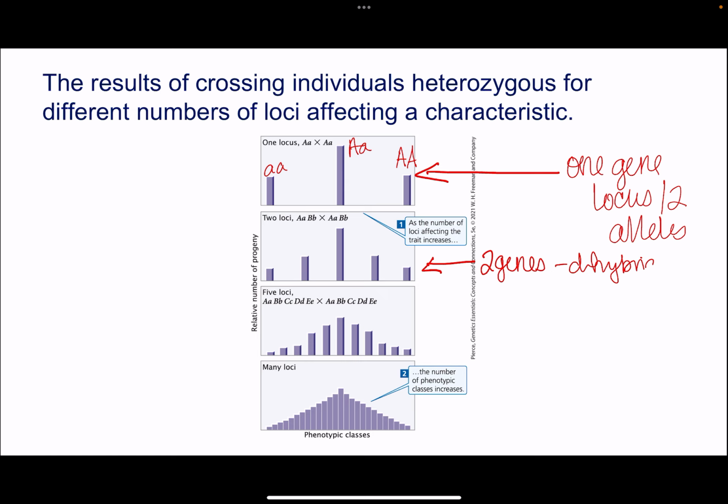And then when we add more loci, it gets bigger and bigger and bigger. And so again, we start to see that normal bell curve. And it gets more and more defined the greater the number of genes that we have. We also start to increase our phenotypic classes, so those categories of phenotypes, as we add more genes.